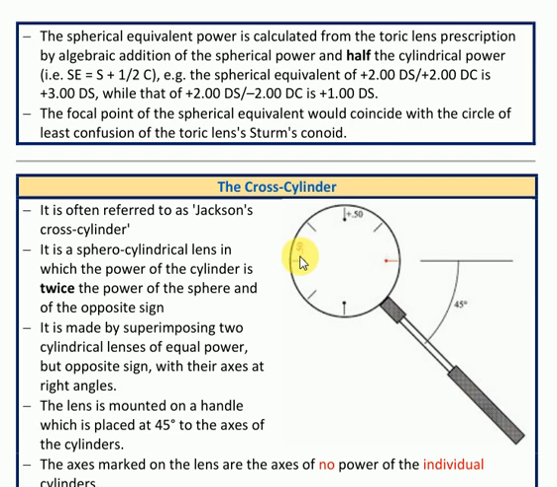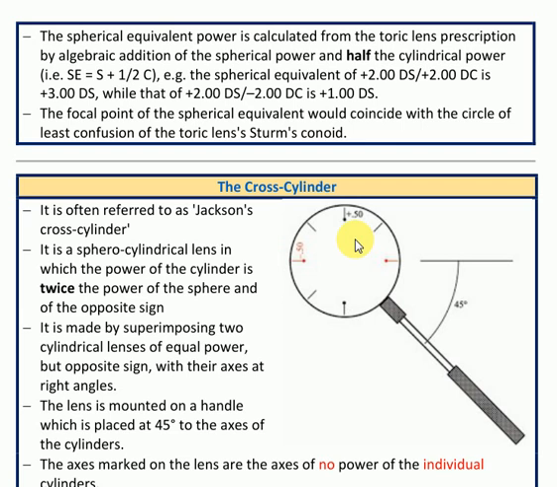Cross cylinders are named by the power of the cylinder, and this is marked on the handle. The cross cylinder would be designated as one diopter cross cylinder because they are named after the power of the cylinder. Cross cylinders are available in two powers, 0.5 and 1 diopter.